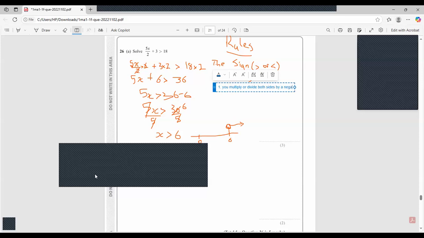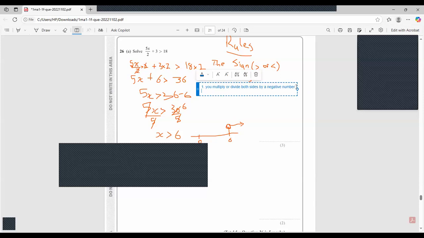Okay, a negative number. That's rule number 1.